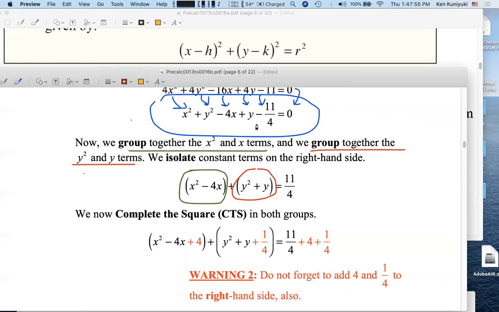And while we're at it, let's go ahead and add 11 fourths to both sides so that we have our non-zero constant on the right. Notice I said add 11 fourths. Don't say move. If you say move, you might make the mistake of putting a negative sign there. We're adding 11 fourths to both sides. To stress that, we're adding 11 fourths to both sides. Don't say move.